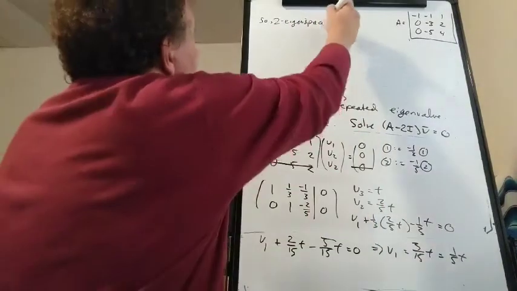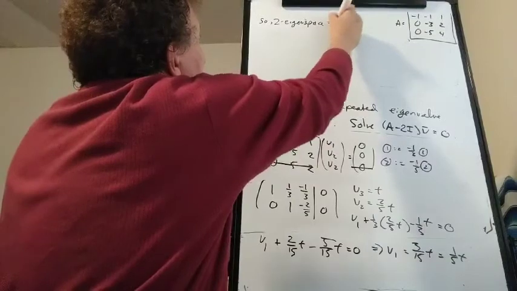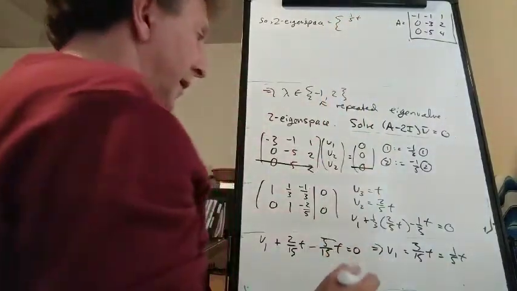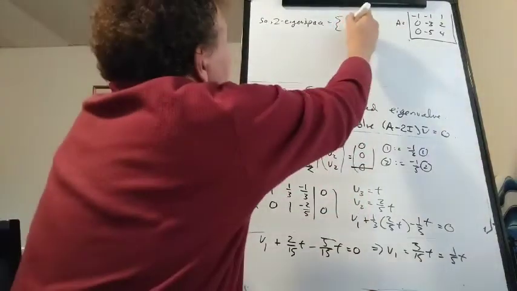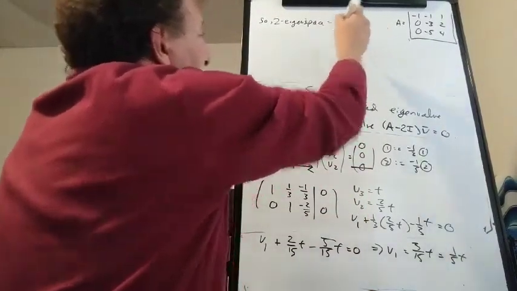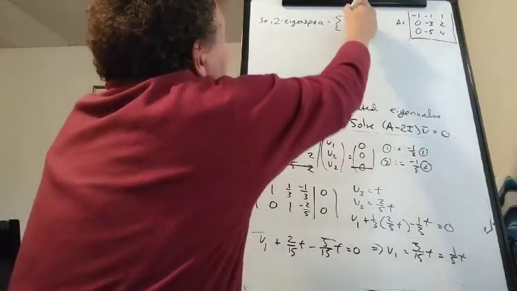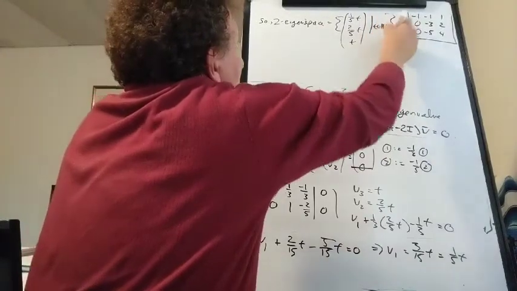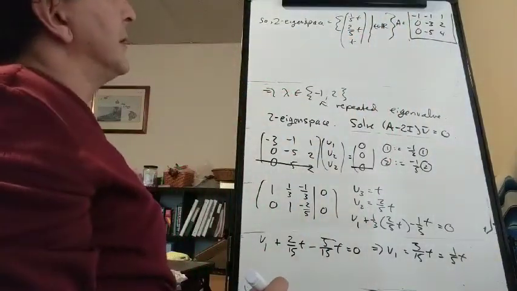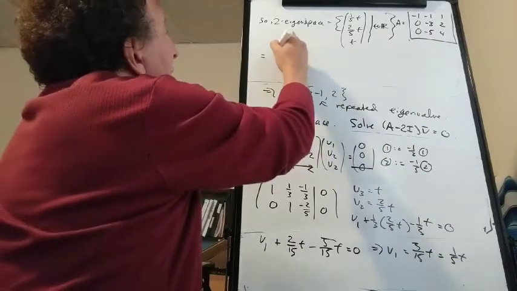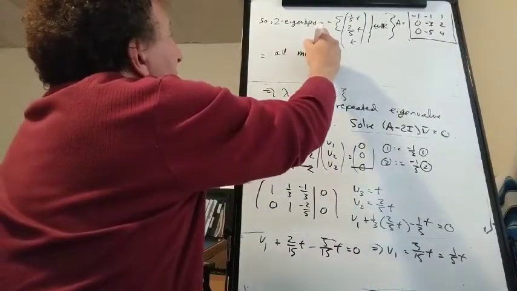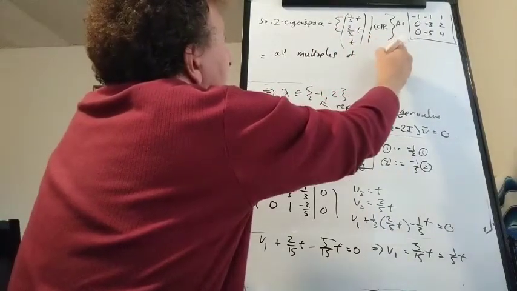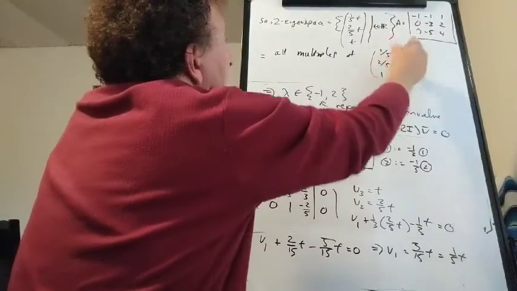So 1/5 t for v1, v2 is 2/5 t, and v3 is t, where t is any real number. So that's all multiples of (1/5, 2/5, 1).